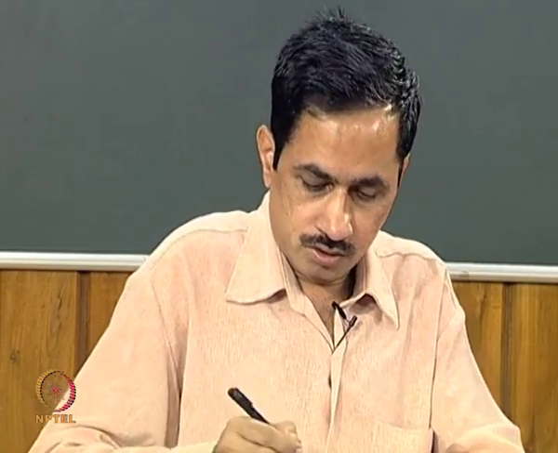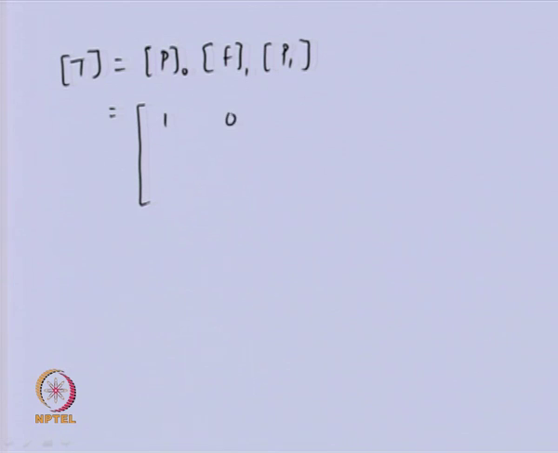So now let us see the T matrix. T matrix we had as P0, F1 and P1. I am doing this for illustration, but for a larger system we need to program them so that we can easily obtain the roots of the frequency equation.